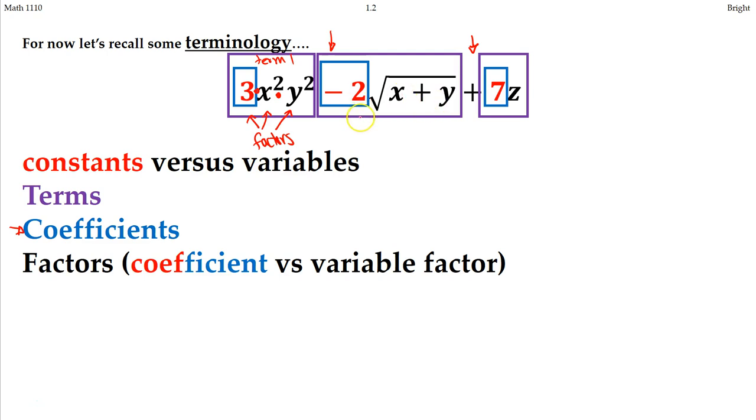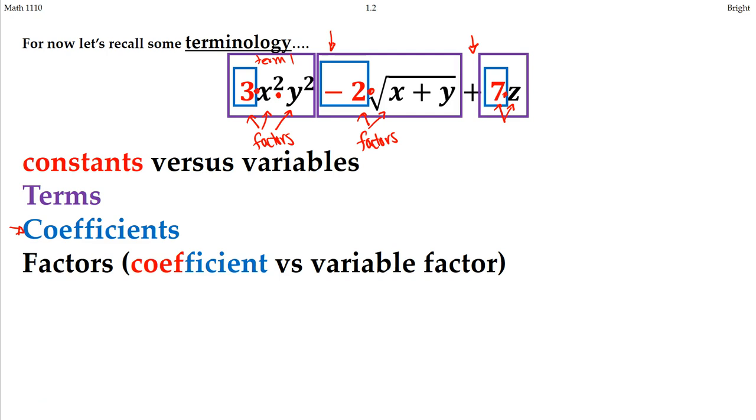Similarly, in this one, there are only 2 factors, because there's only one multiplication sign, and again, we're omitting the multiplication sign when we put everything smushed together. And again, here there are 2 factors. Typically when we discuss factors, we also discuss a coefficient factor and a variable factor. That just means whether we have coefficients or variables. That's really all it means.